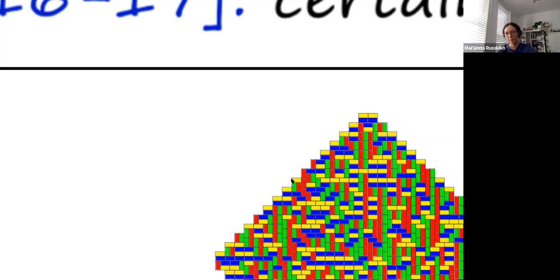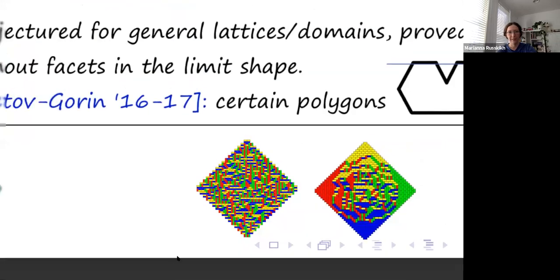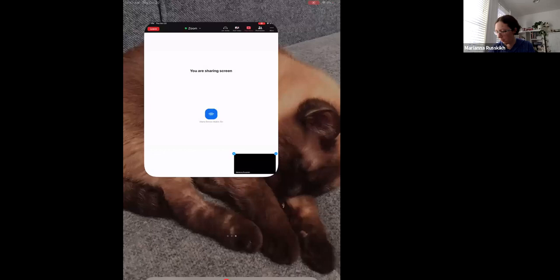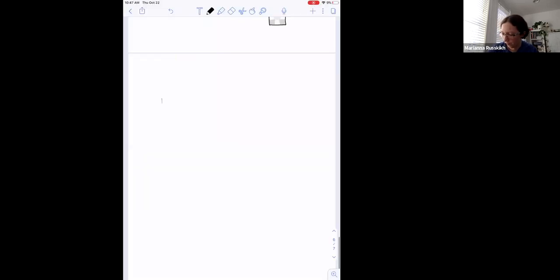However, now let us think about a domain with a boundary like this.